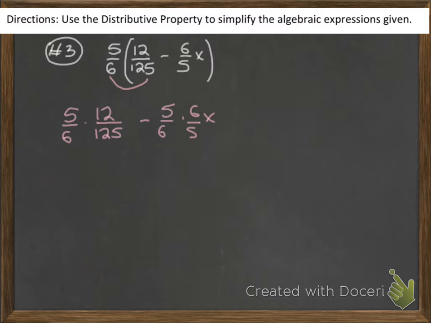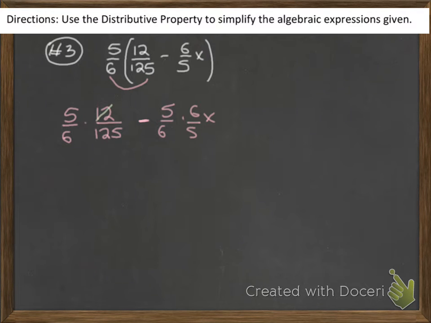And if it upsets you to put the minus sign there, you could also put it next to the 6/5 x, as long as you use parentheses to indicate that you're still multiplying. Okay? So now what do we need to do? Well, again, when you multiply fractions, you can always multiply across. I'm going to choose to simplify or reduce first because it saves me a lot of time.